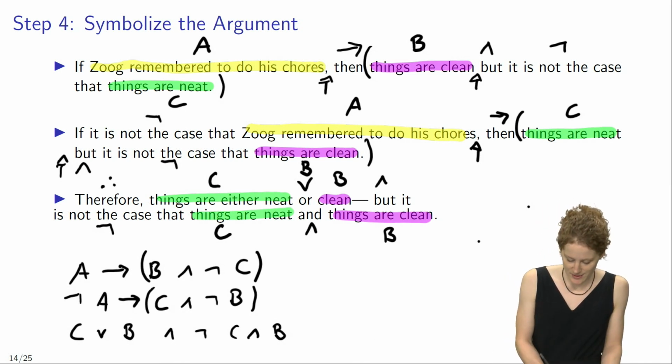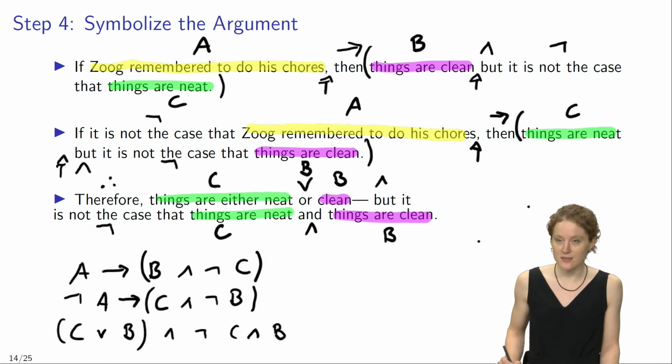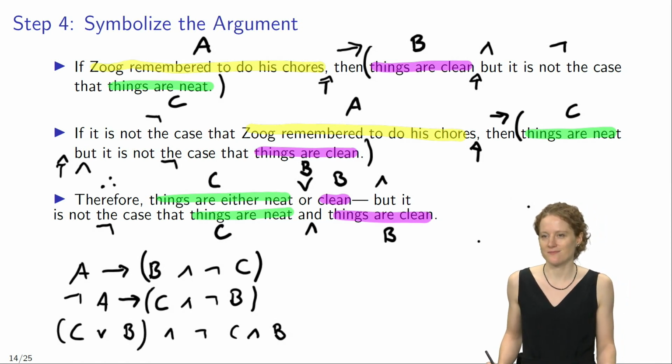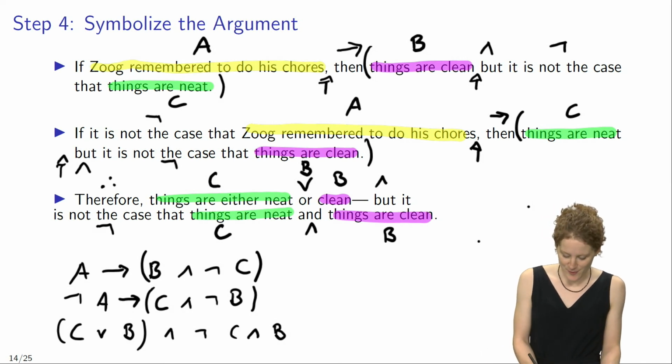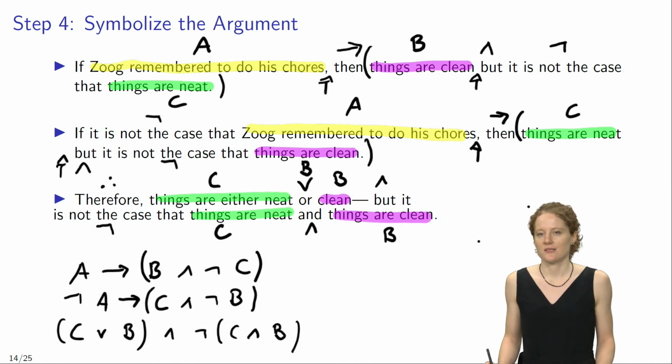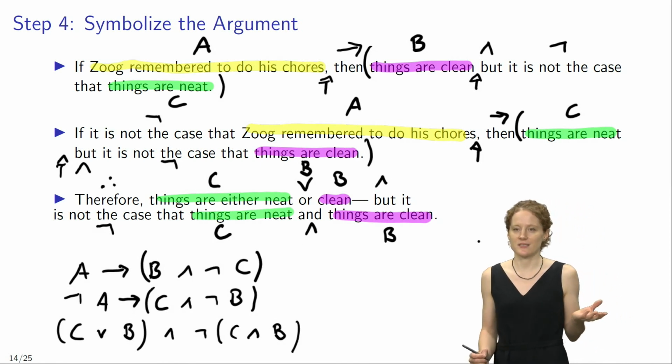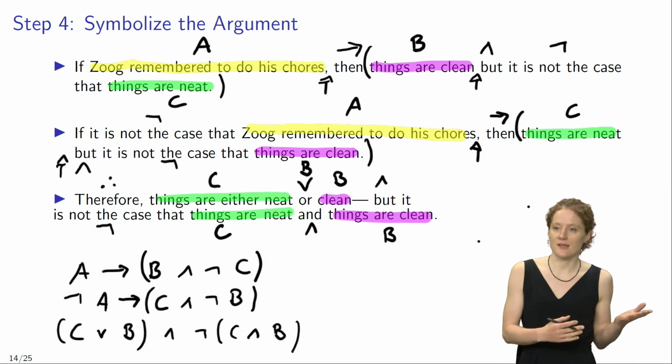And it is pretty clear that first some brackets need to go around this disjunction. And then another pair of brackets needs to go around this conjunction, since what's being negated here is that both things are neat and things are clean.